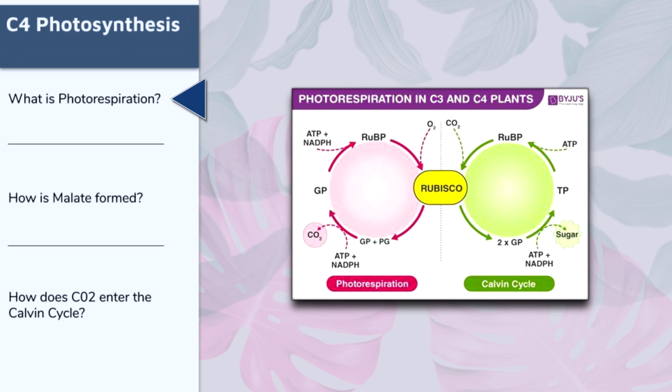This process is called photorespiration. It reduces the efficiency of photosynthesis, potentially reducing photosynthetic output by 25% in C3 plants. In order to bypass photorespiration, C4 plants have developed a mechanism to efficiently deliver CO2 to the RuBP carboxylase enzyme.